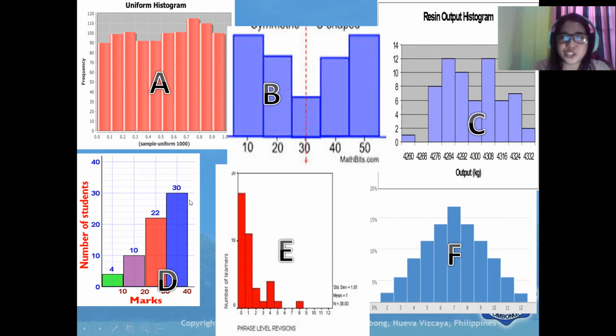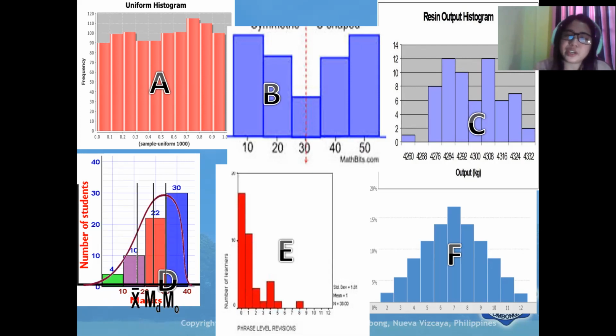Letter D is a J shape because of the figure that it forms. It is also unimodal because it contains the highest frequency. Letter E is also unimodal and it is an inverse J shape. While letter F is also unimodal and symmetrical with respect to the center, just like letter B. Now, using a histogram, you can determine the shape of the distribution by drawing a curve on your histogram.